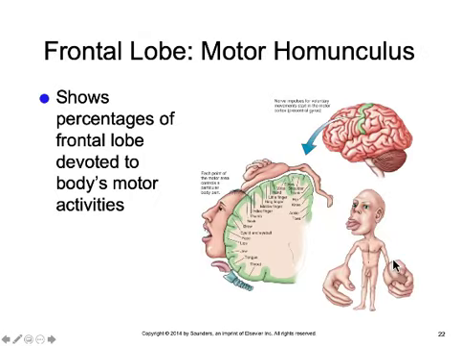In the frontal lobe, in the precentral gyrus, we have regions of the precentral gyrus that are dedicated to the movement of different body parts. And the body parts are not proportional to our body proportions because certain parts of our body need more motor control than other parts.